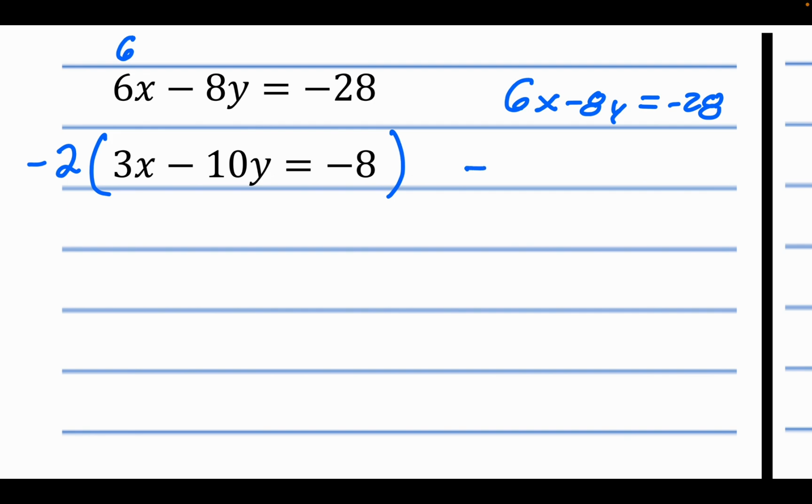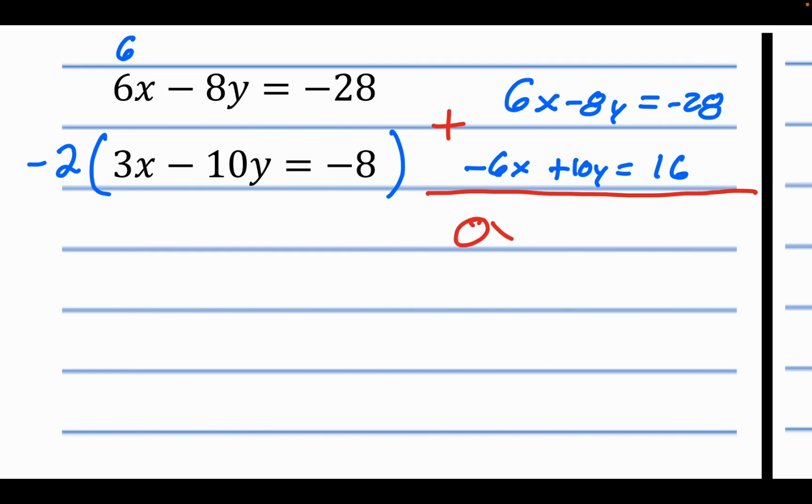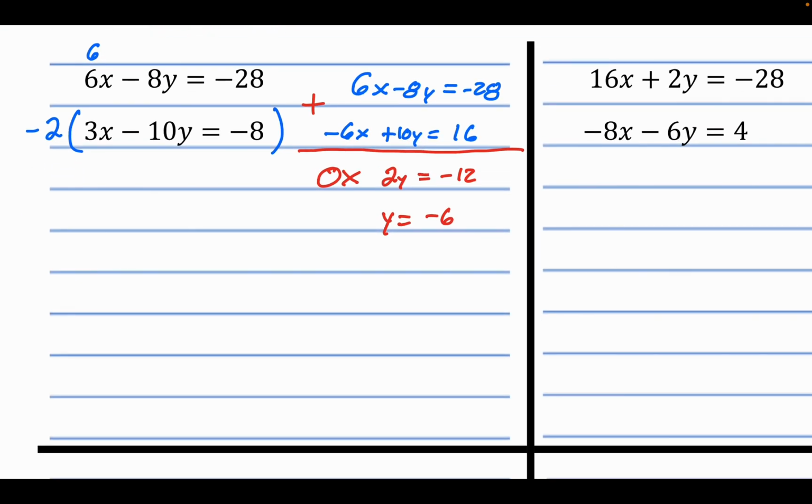So we're going to multiply by a negative at the same time. Equal opposite, we're ready to add. We truly get 0x. We get 2y. We get, what is this, negative 12. So y is once again a negative 6.